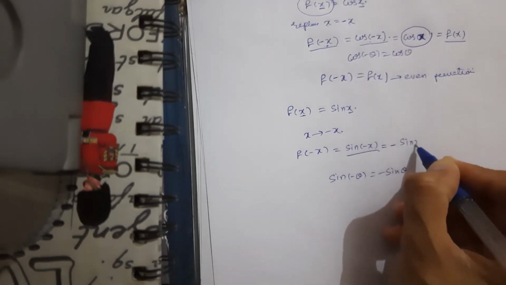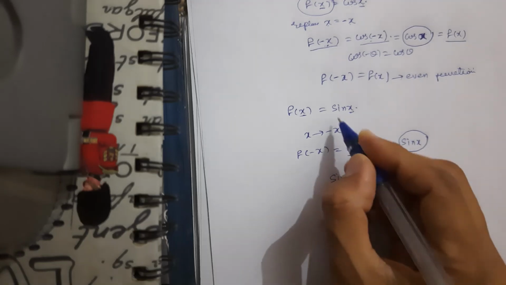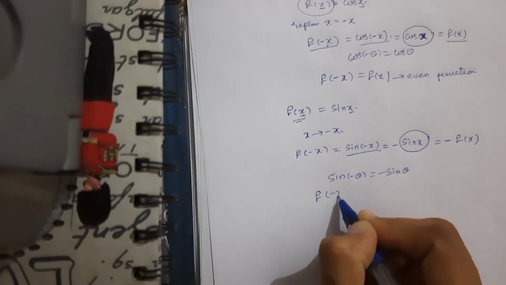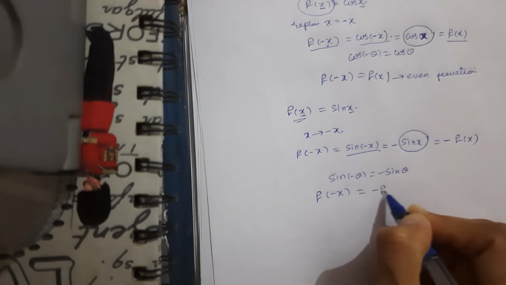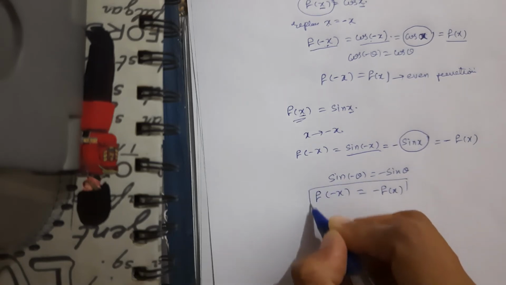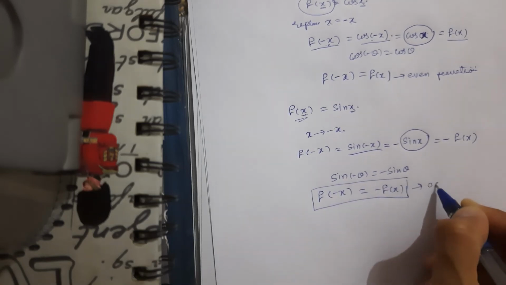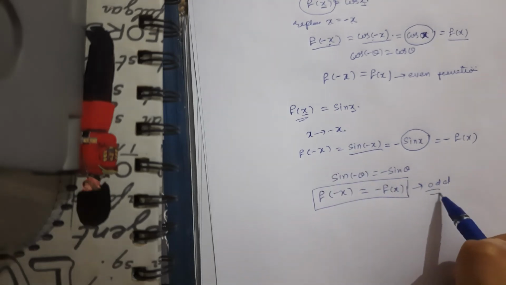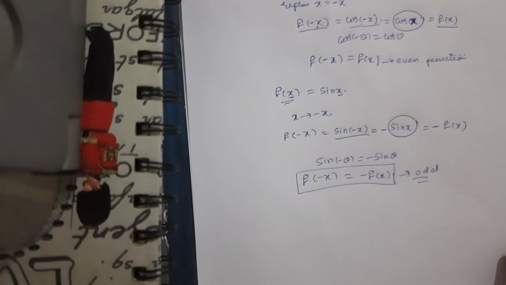Minus sin x, and this sin x is nothing but my f of x. So it is minus f of x. So I get f of minus x equals minus f of x. This is the condition for an odd function. So y equals sin x is an odd function. Okay, that's how we check even and odd functions.